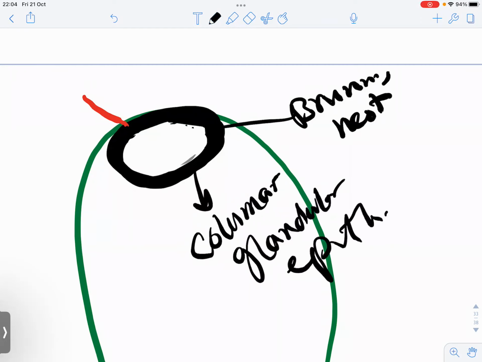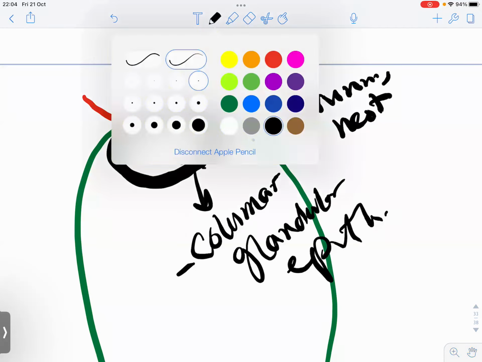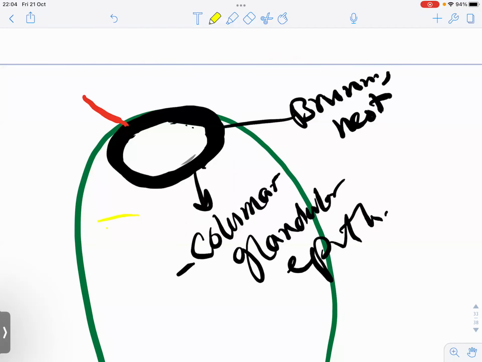What does it mean? Columnar epithelium has a specific type called glandular epithelium. Why does the transitional epithelium here transform into columnar? To secrete mucin and bicarbonate to face the acidity of the urine.